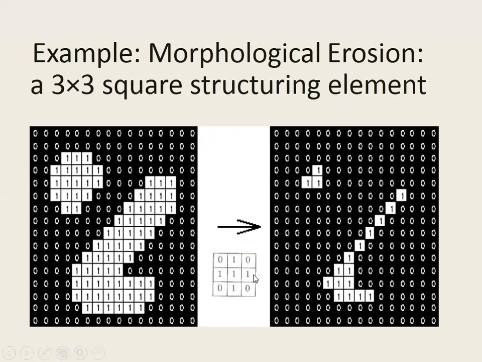If you are using the same structuring element, and you run that structuring element over all the pixels, whenever there is at least one 0, then that pixel point is converted into 0. Because we need a minimum element in the case of erosion.